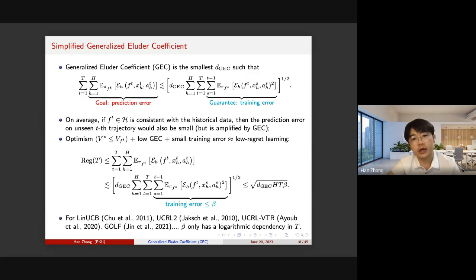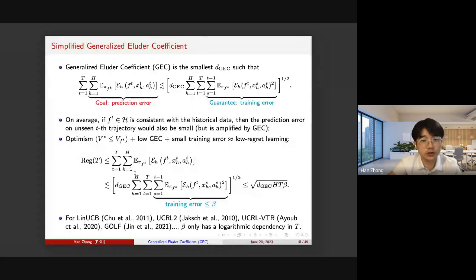More formally, we can show that if we have optimism, low GEC, and small training error, then we have low regret learning. We have shown that if we have optimism and the value decomposition lemma, the regret is bounded by the Bellman error. And by the definition of GEC, the prediction error is bounded by d_GEC times the cumulative training error.